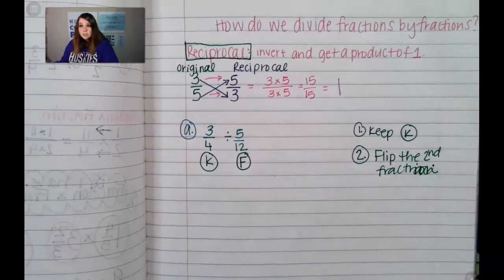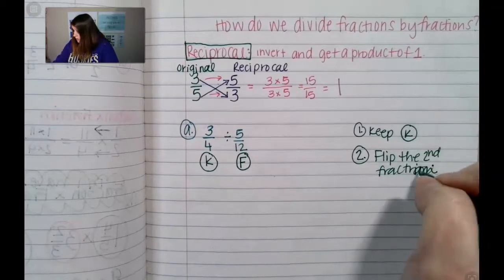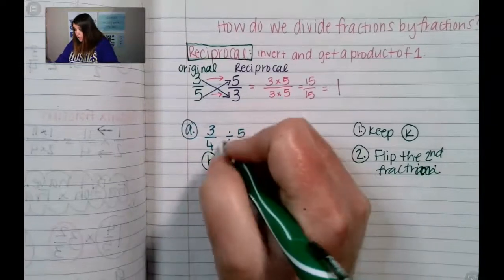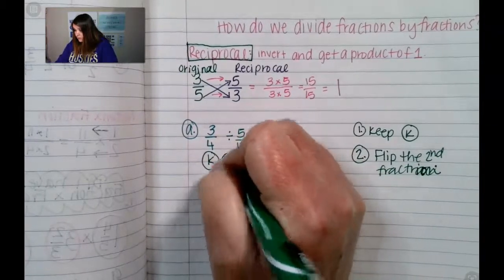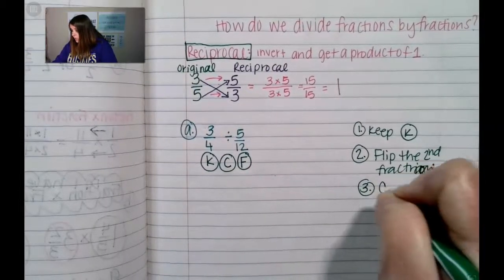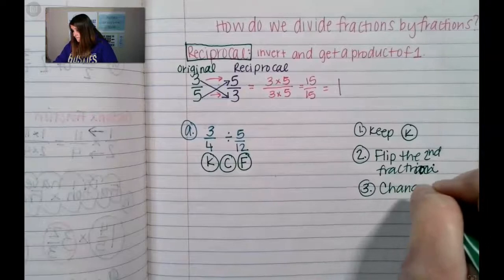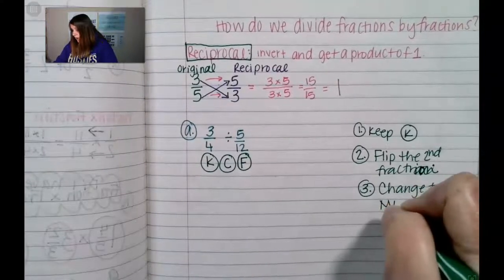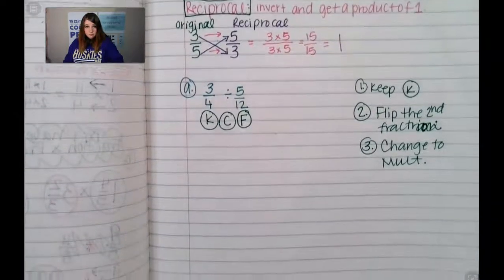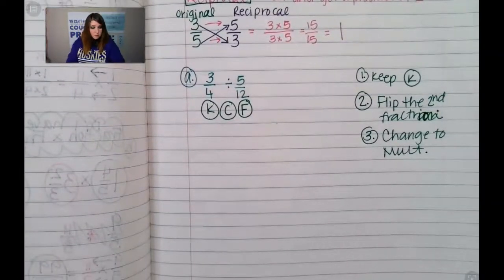That's what I get for trying to spell while I'm talking. And then last, we're going to change this division sign to a multiplication. So we're going to change to multiply.